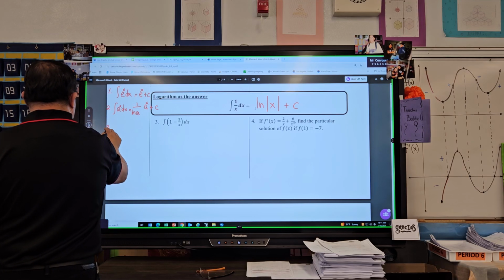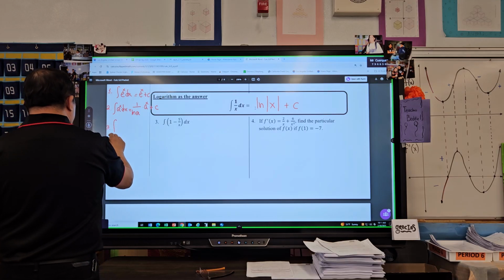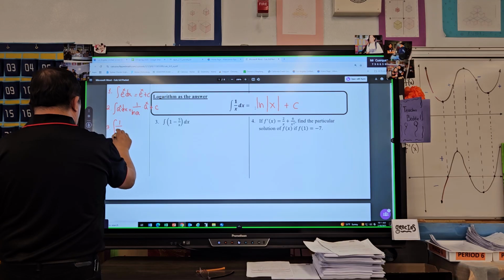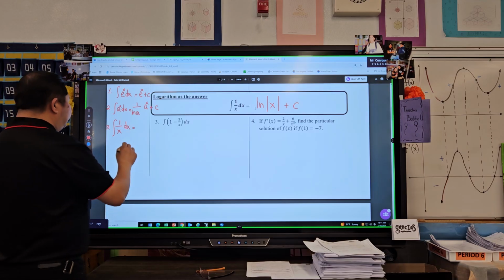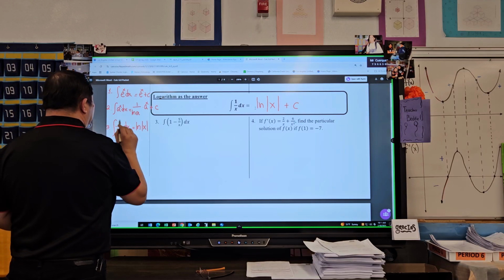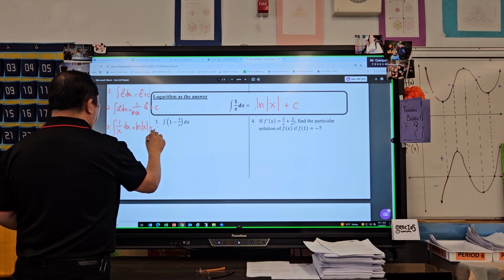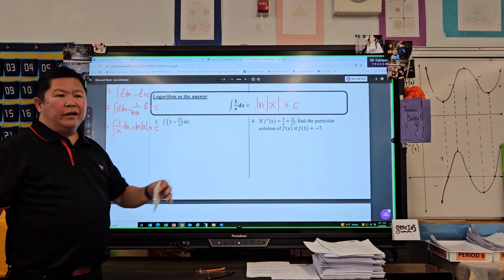Okay, formula number 3. The integral of 1 over x dx. So we have ln absolute value of x plus c. So this is now formula number 3, right?